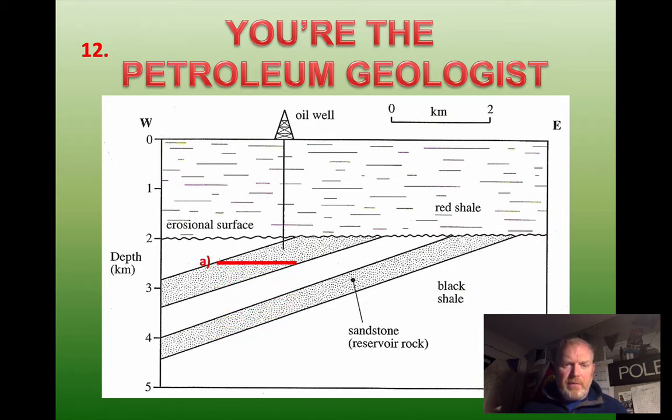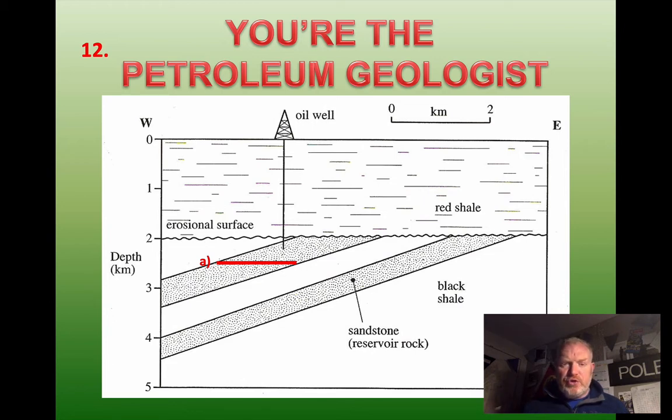So that's in about there. Notice it's a horizontal line because remember the oil is moving upwards. So the oil and any gas that might be present is above that line. Below that line, we're going to find water.